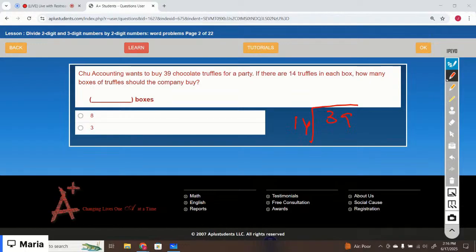So we can go for 14 times 2 is 28, 9 take away 8 is 1, 3 take away 2 is 1. So we need to buy 3 of them, right? We still have 11 of them remaining. So we have to buy 3 of them. Option number 2 is the correct option, right?